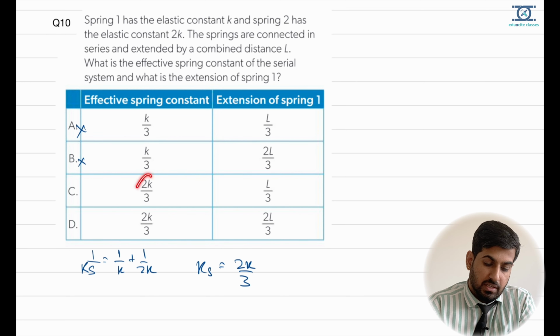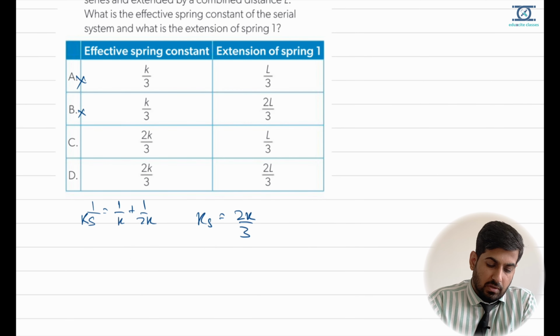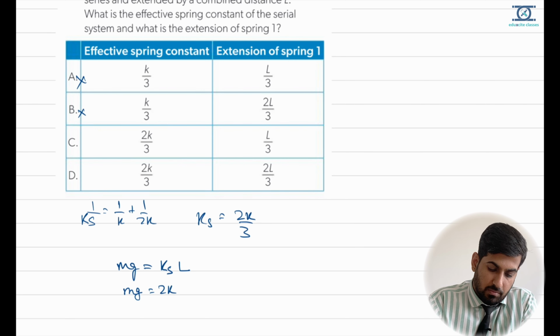Now we have to think in option C and D. Now extension of spring 1. Okay, so mg will be equal to Ks into L, right? So I can say mg equals 2k by 3 times L, right?